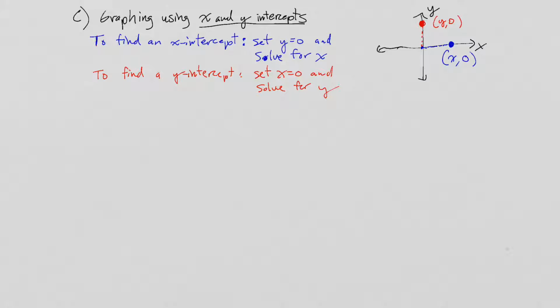So we're going to do the workbook question number 4. Okay? Because number 4 is basically in this format. Okay? The x and y are on the same side. This is called standard form.